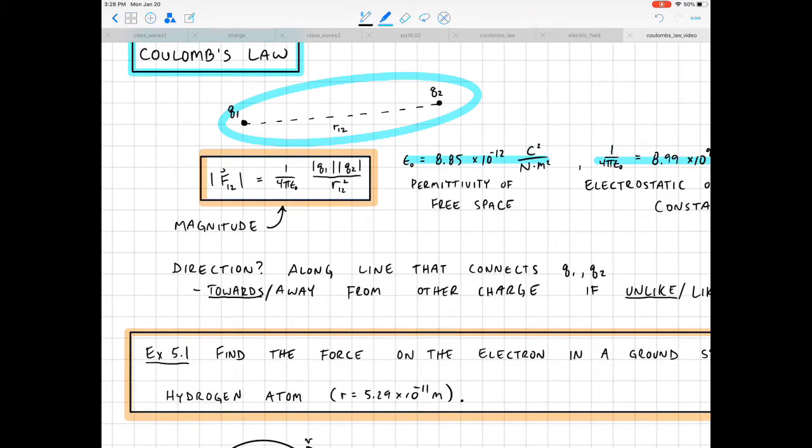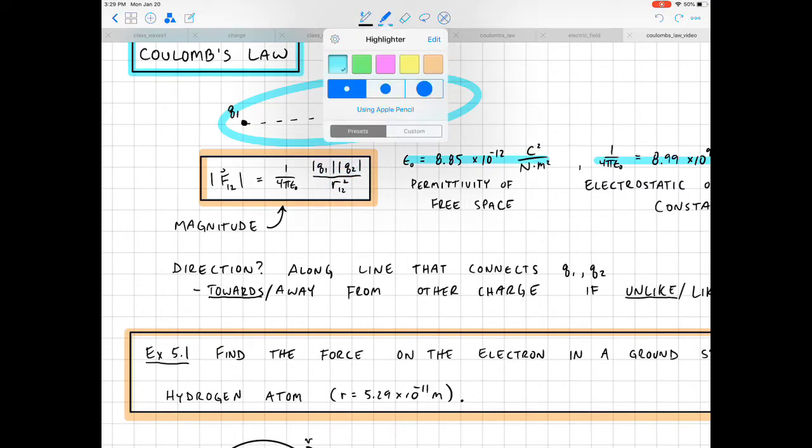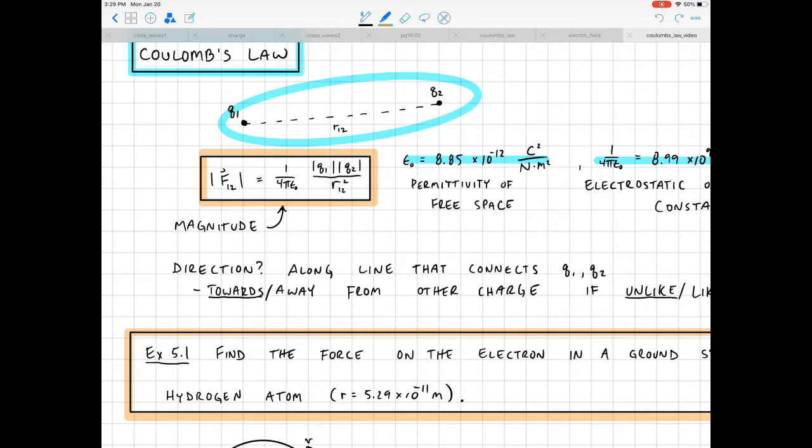Again, the Coulomb force law tells us that the force of attraction or repulsion between two charges is proportional to the product of the charges themselves and inversely proportional to the square of the distance or the separation between the two charges. What I've highlighted in orange is just the magnitude of the Coulomb force.